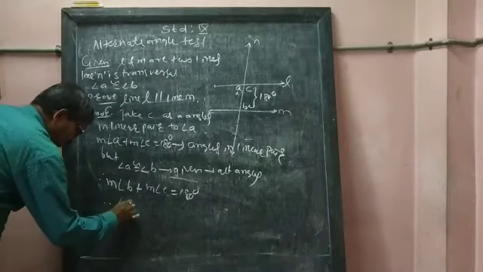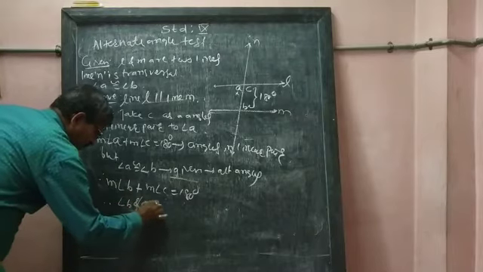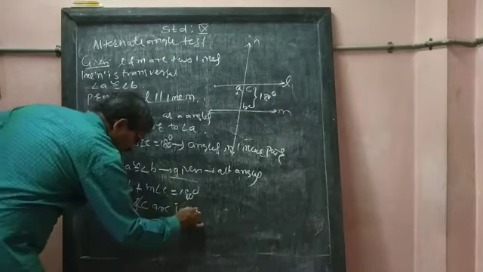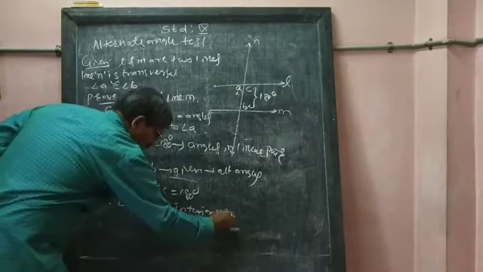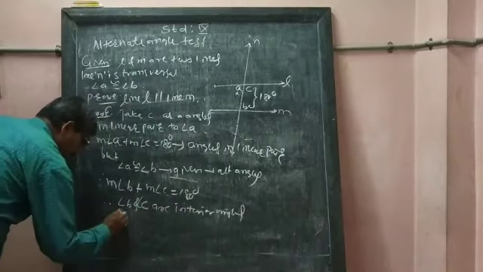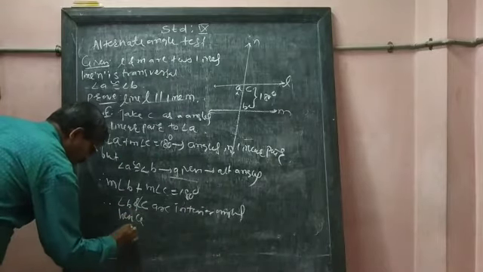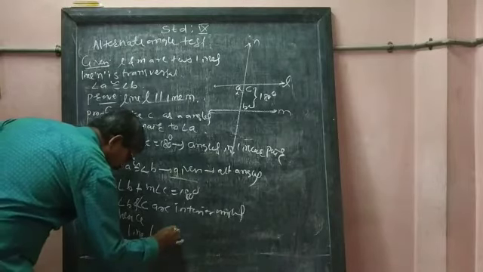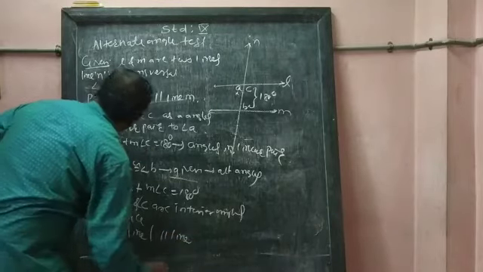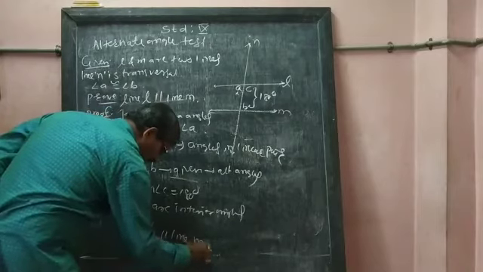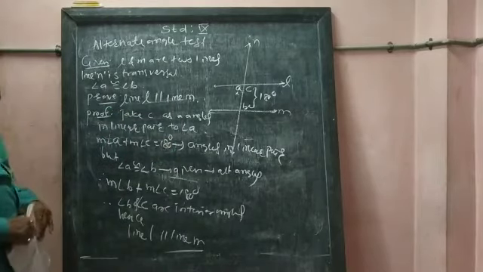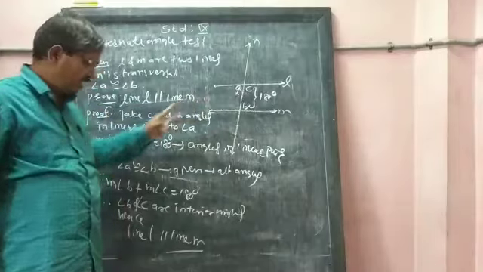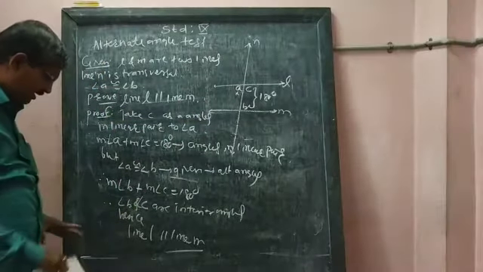Therefore, angle B and angle C are interior angles. Hence, line L is parallel to line M. If the sum of interior angles is 180 degrees, means these are interior angle tests.